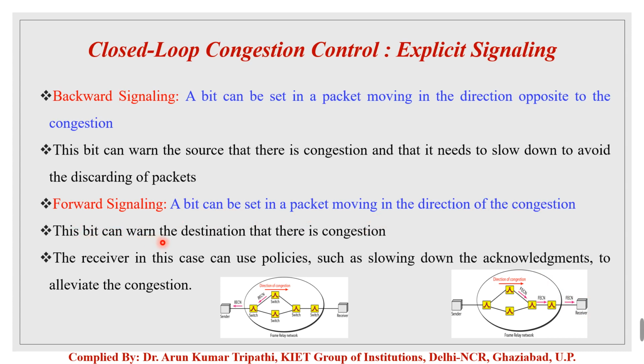This bit can warn the destination that there is congestion. The receiver in this case can use a policy such as slowing down the acknowledgement to alleviate or lessen the congestion.